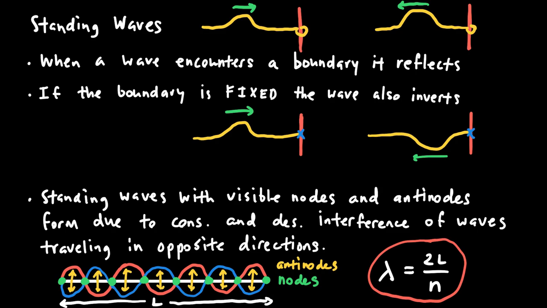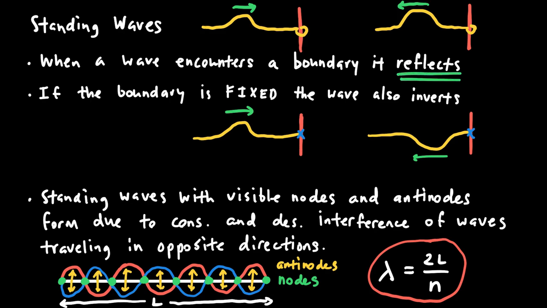Now I'd like to talk a little bit about something called a standing wave. And in order to do that, I need to talk a little bit about reflection. So first, I just want to mention that if I send a wave pulse toward a boundary, it will reflect off of that boundary.